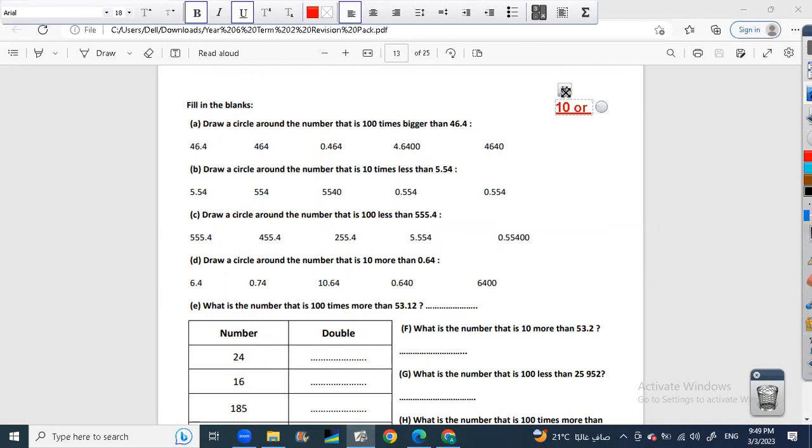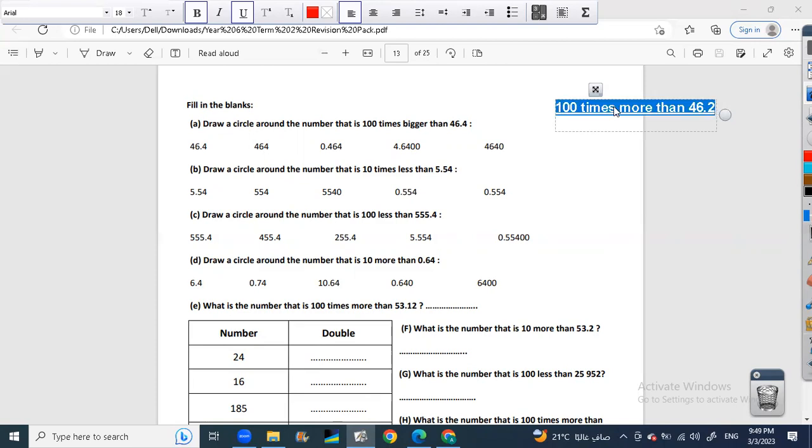10 or 100, whatever, or 1000, it doesn't make a difference in the explanation that I'm going to give you right now. More than, let's say, 46.2. Let's say 100.